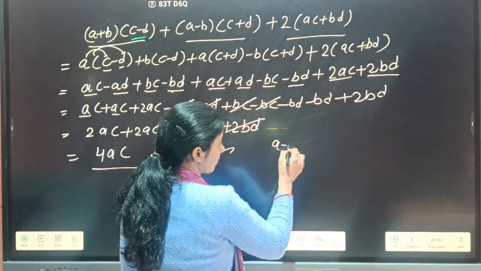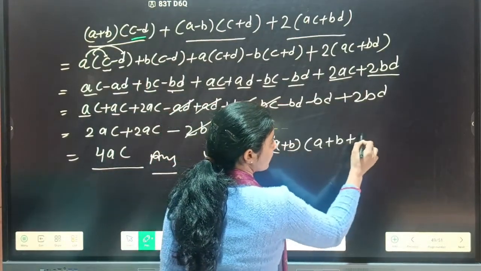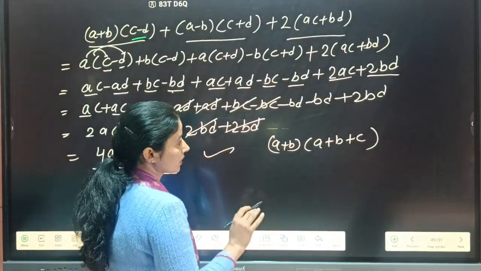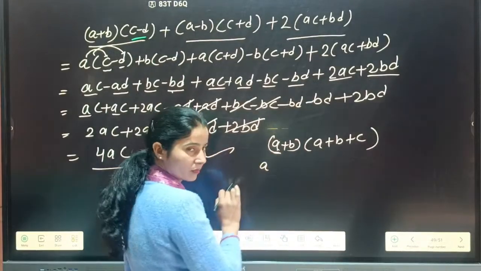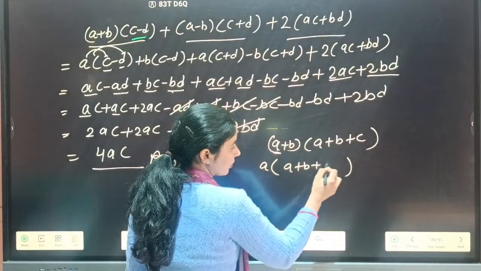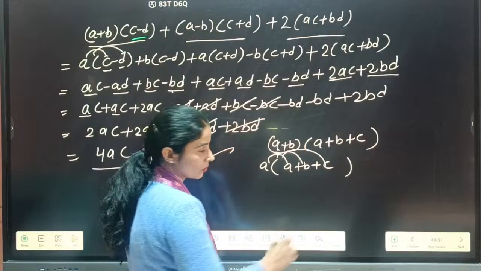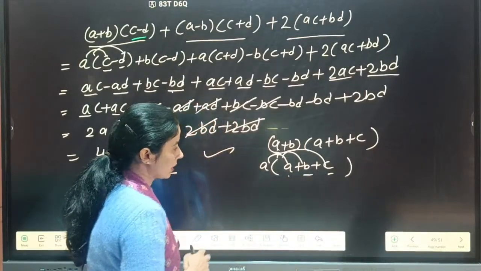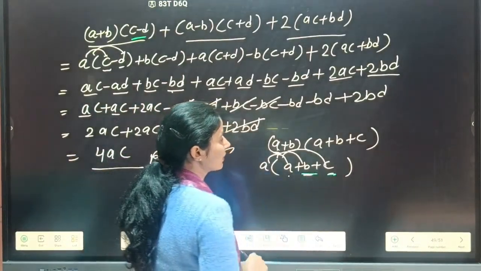Suppose this a plus b, this binomial you have to multiply with this trinomial. Just keep in mind that the first term a of this binomial must be multiplied with each term of this trinomial, first with a, then with b, and then with c. Don't forget to multiply with b and c. Sometimes we multiply just with a, so don't forget to multiply with b and c.